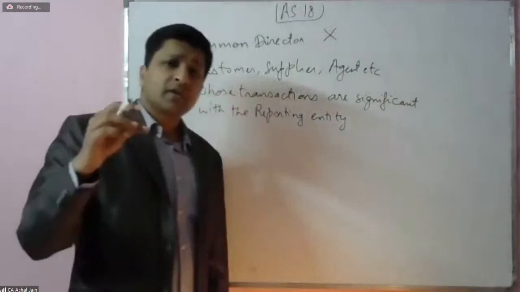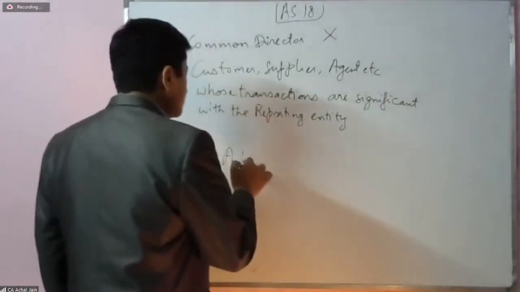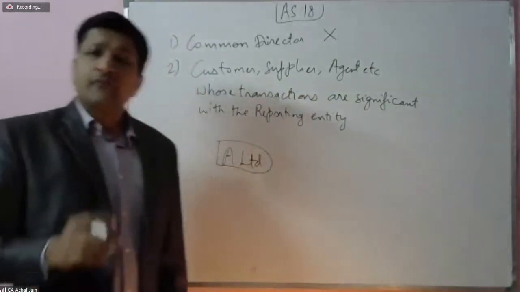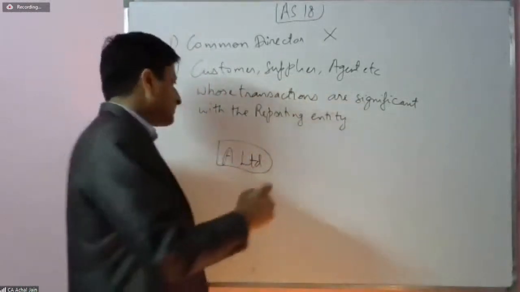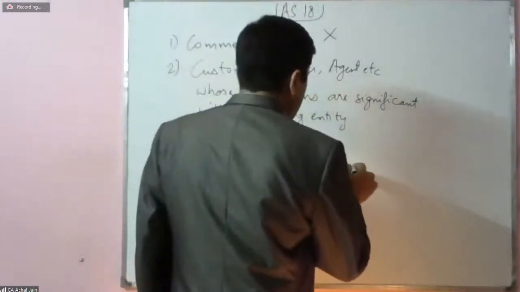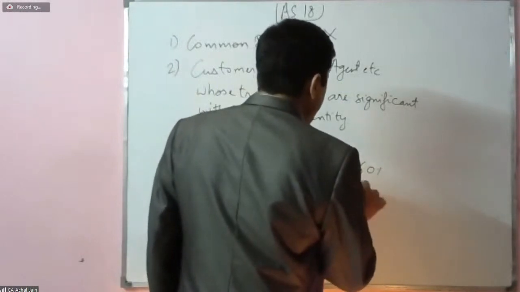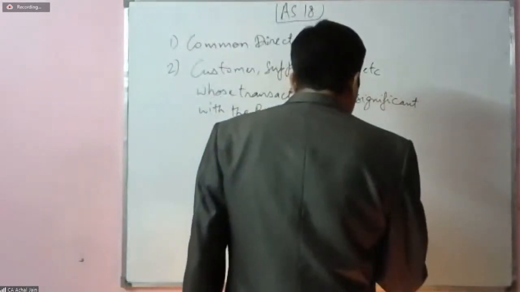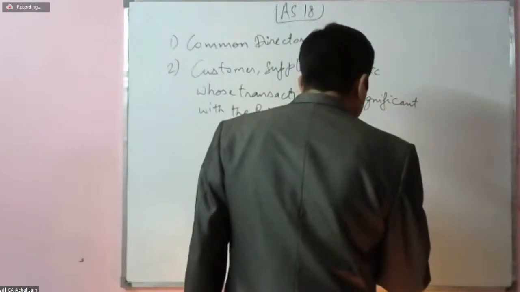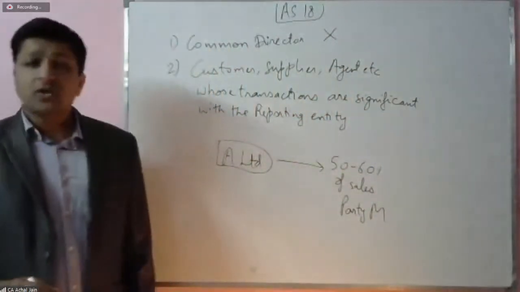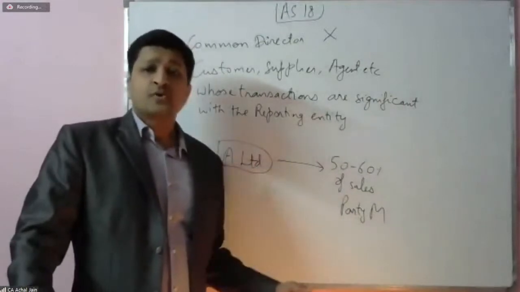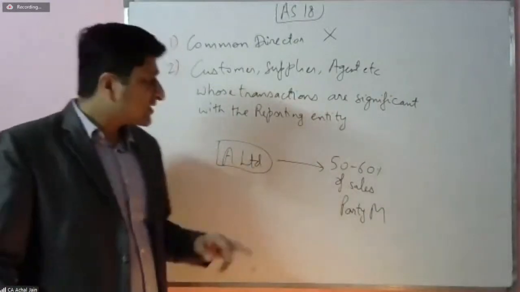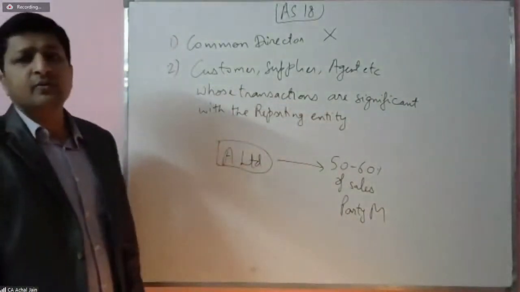So let's suppose there is a company A Limited. 50% of its sales, or you can say 50 to 60% of its sales are with, say, party M. Now, just because party M happens to be a very significant customer of A Limited, can we say that party M and A Limited will become related to each other?